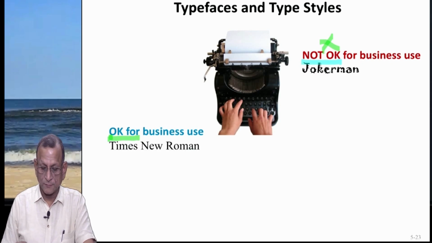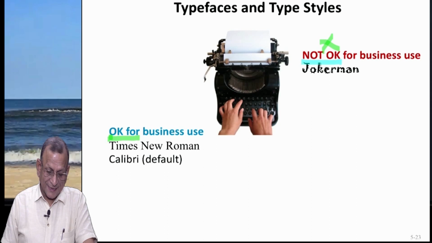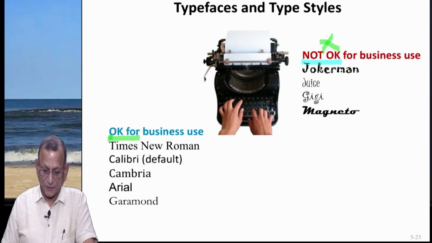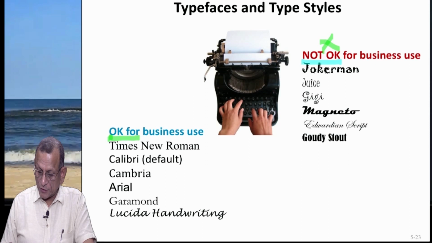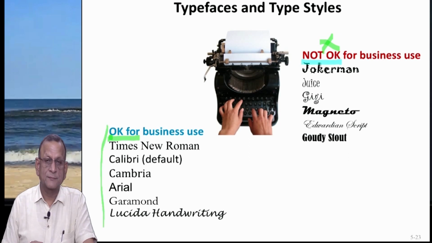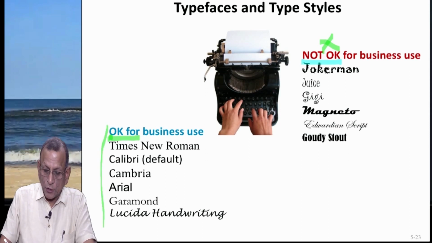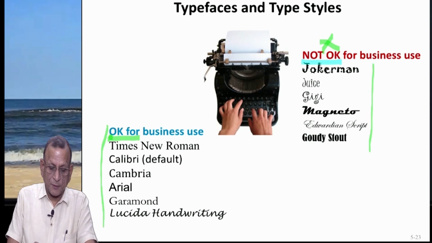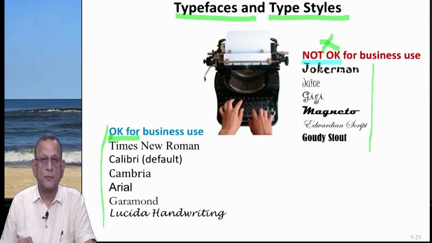Times New Roman, Jokerman, Calibri Default, Juice, Cambria. You have a list of such fonts and type styles which are acceptable and which are not acceptable. So, make sure that only acceptable typefaces and type styles are being used.